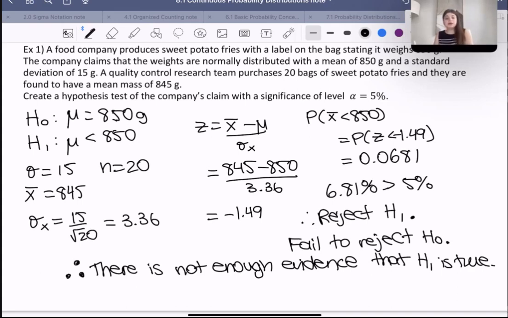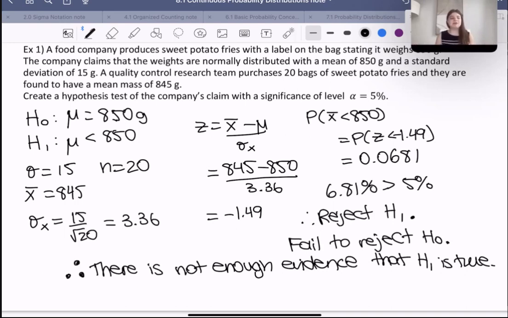So maybe it's true that mu is actually not 850, but we don't have enough confidence in that to make that claim. And let's say we were doing this in real life. In a lot of these questions, a 5% significance level is a pretty common one. However, for a company to actually face a lawsuit, it would have to be way less than that.